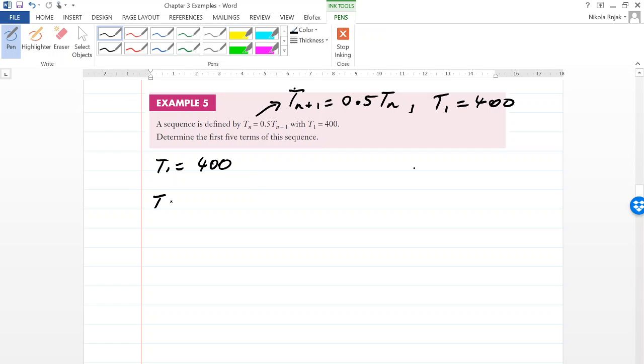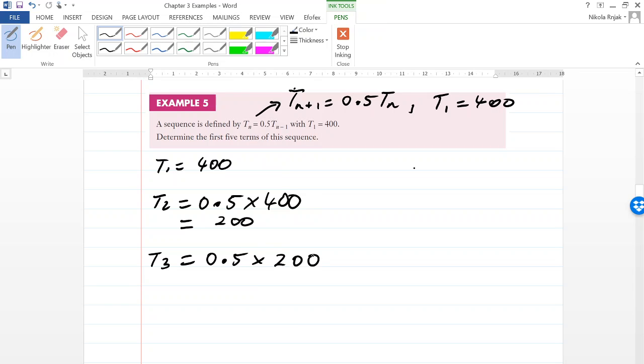To get term 2, we're just going to halve 400. So the current term is going to be equal to half of the previous term. So half times 400, which is equal to 200. That's it. Okay, term 3. To get term 3, we're just going to halve 200, which is equal to 100.